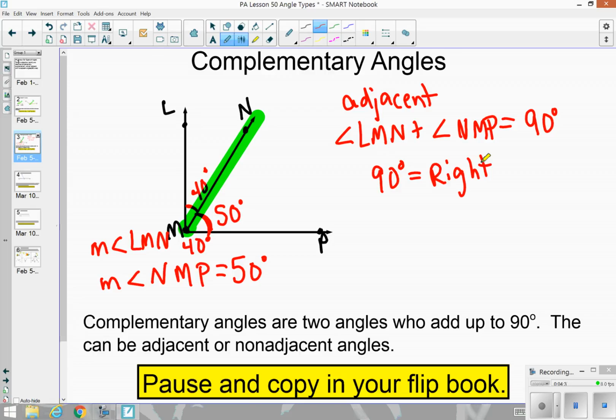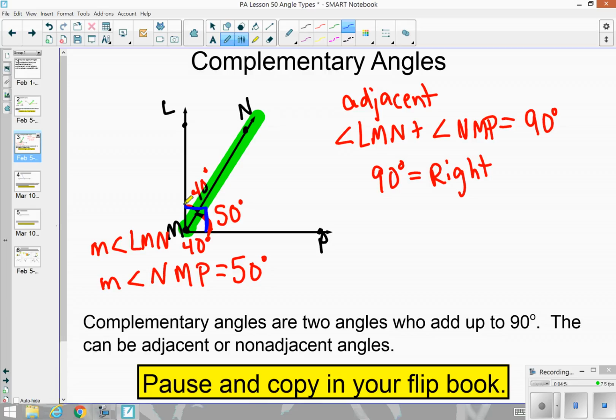So how do we see in geometry that a right angle is usually made? Well, usually if it's a right angle, they make a square mark in the corner. So they would make a square shape right there in the corner to indicate that it makes a right angle.